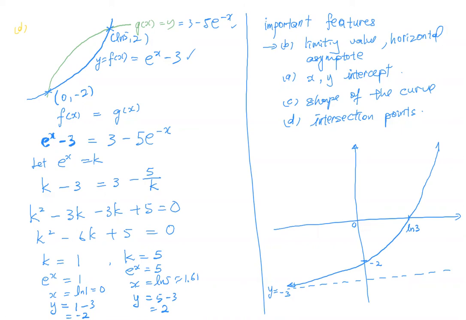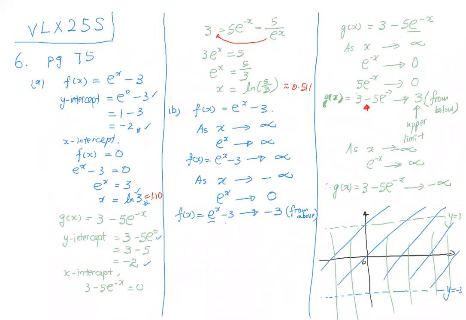So for g(x), there is an upper limit. y equal to 3. Okay. There is no lower limit. The y-intercept also -2, but the x-intercept is, where is the x-intercept? 0.511.